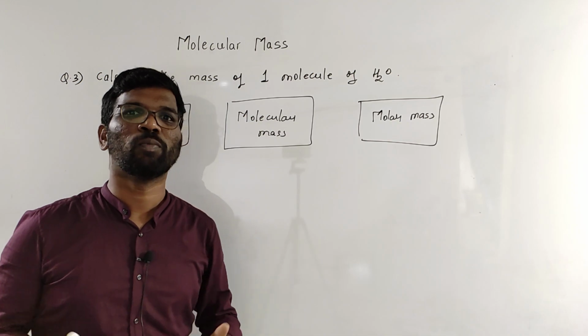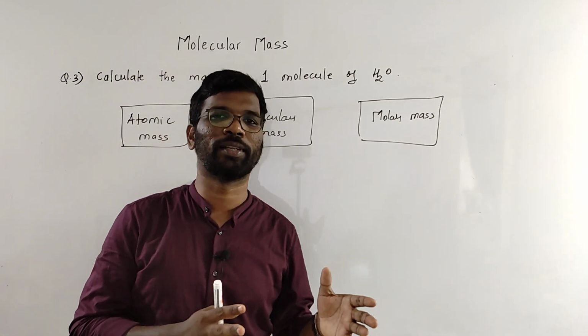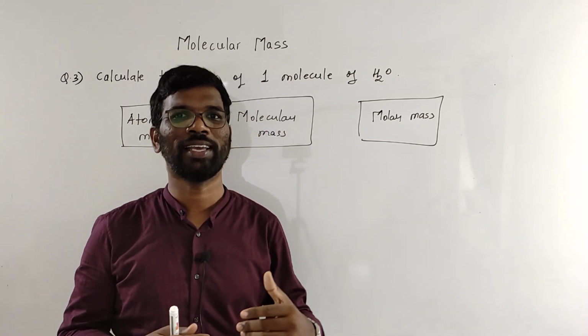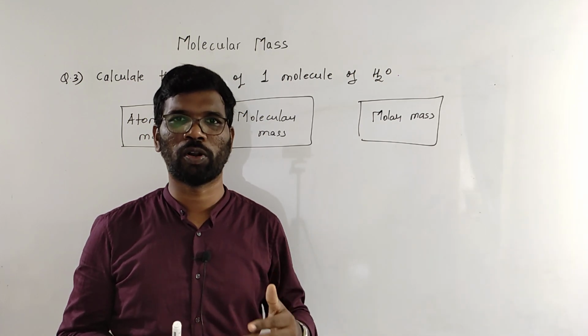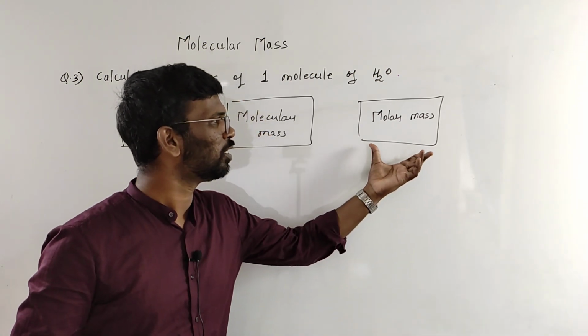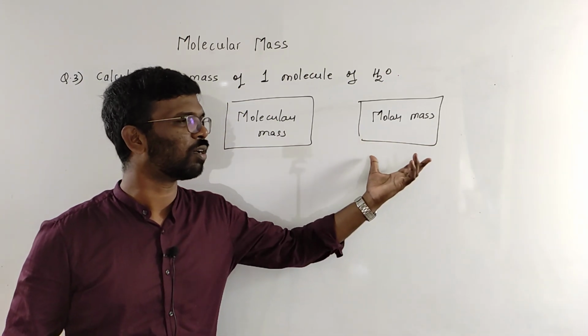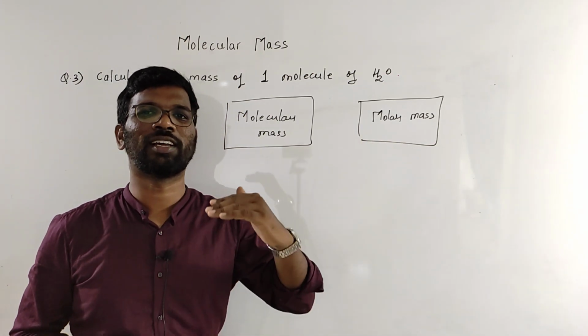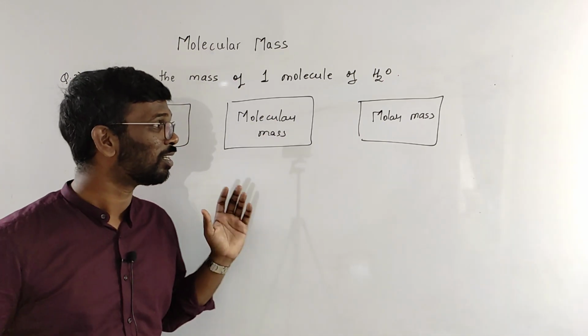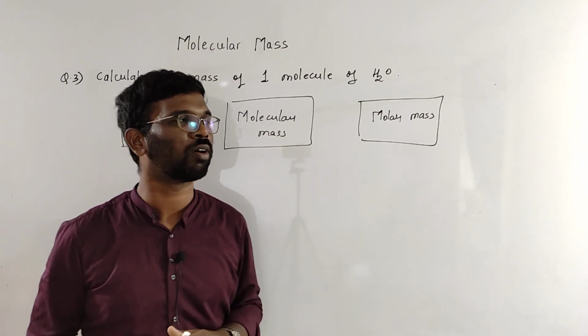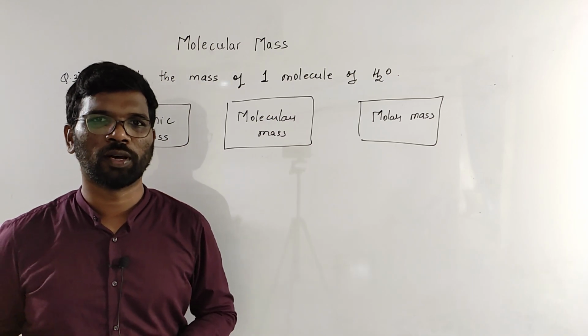Or saying the molecular mass of carbon is also wrong, because carbon is not a molecule, it is an atom. So you can use the word molar mass for both things because it is the mass of 1 mole. This is the clear definition of atomic masses, molecular masses and molar masses.